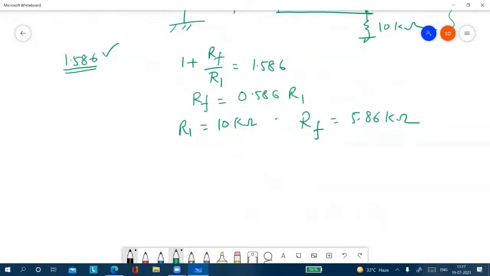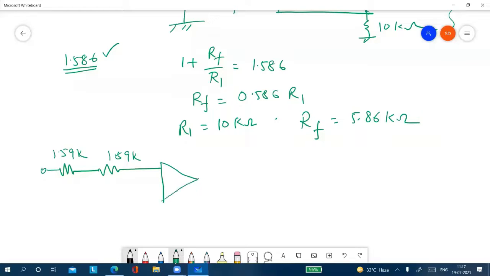Okay. So what will be the circuit diagram? Circuit diagram of a second order Butterworth filter whose cutoff frequency is 1 kilohertz.